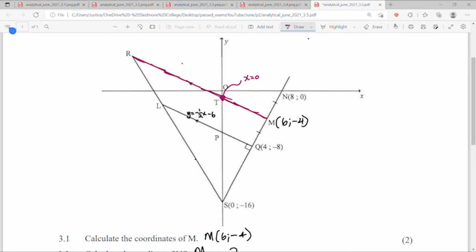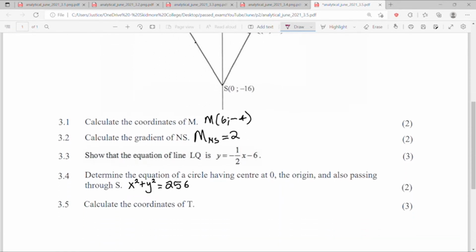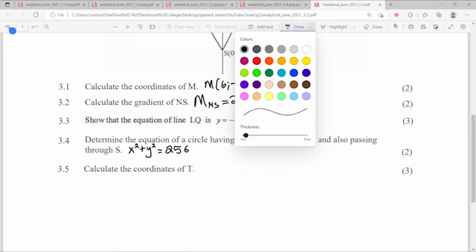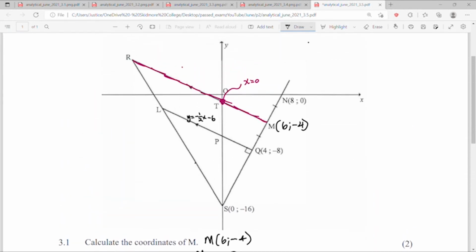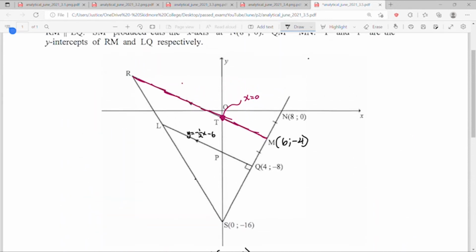So let's find RM. As always, we know that we have y minus y1 is equal to m times x minus x1. We need the gradient, right? And remember also from the statement that this line here is parallel to this one, which means our gradient for RM is what?